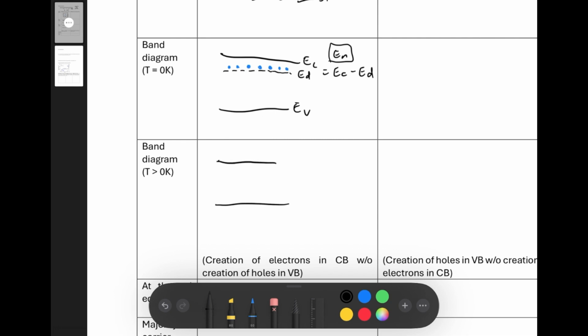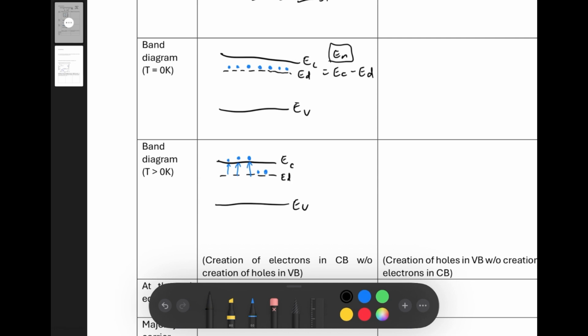Now we have a temperature larger than 0K, so there's some heat already, and as the temperature increases, more and more electrons get elevated. Let's say the temperature is still very low, so only 3 out of 5 of the electrons are elevated to the conduction band.